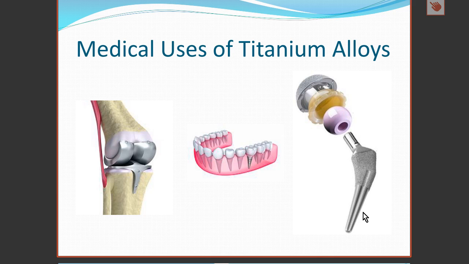And this is an artificial hip joint with a titanium stem. These are polymer bearing here, and then we have, I believe, a titanium insert, but this is certainly titanium.